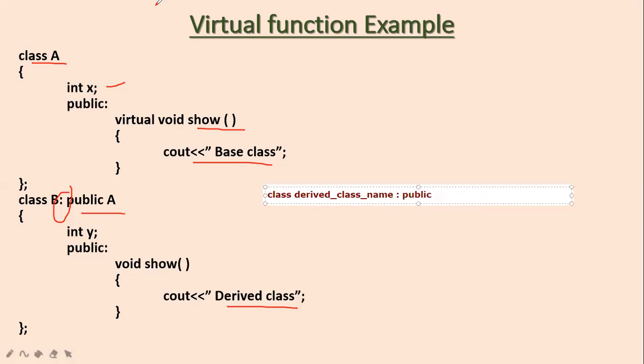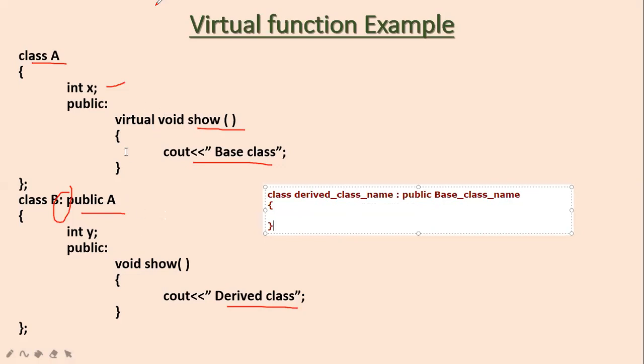After that, mention the base class name. So this is the syntax of declaring a derived class. So your class B colon public A. So this is the virtual function example.